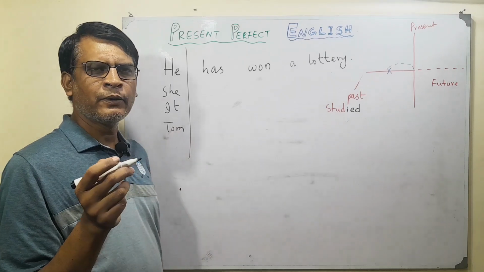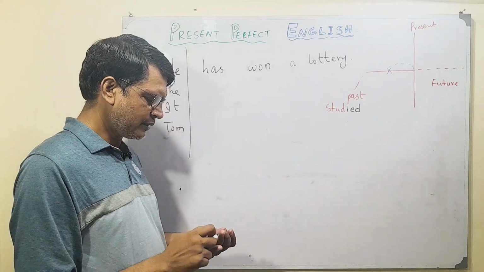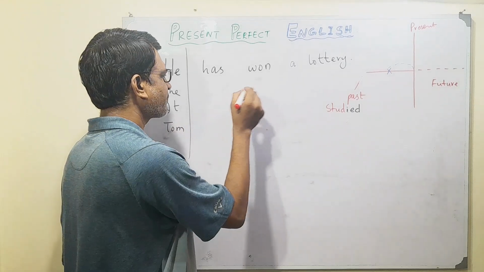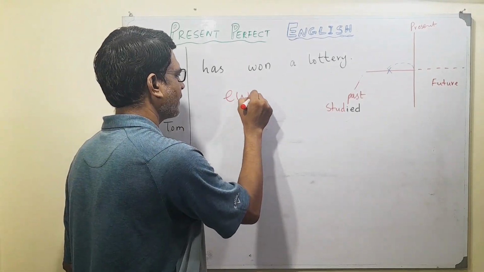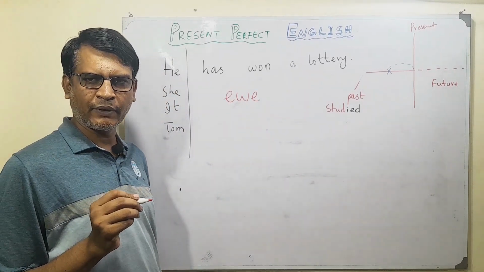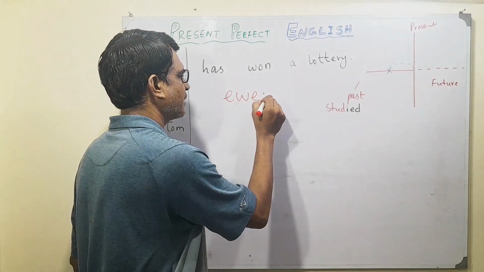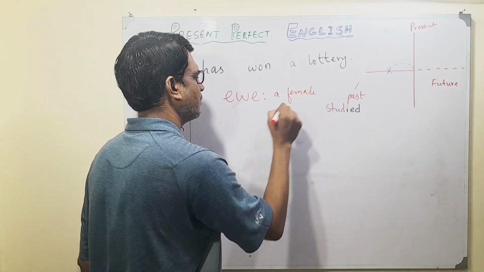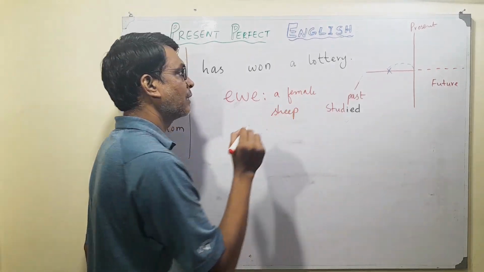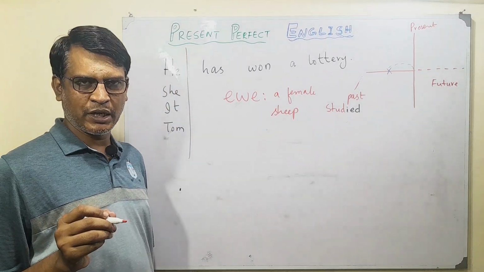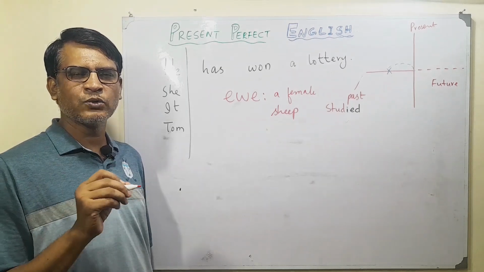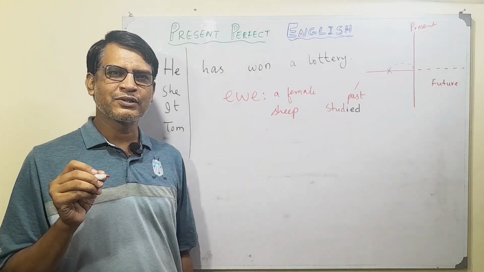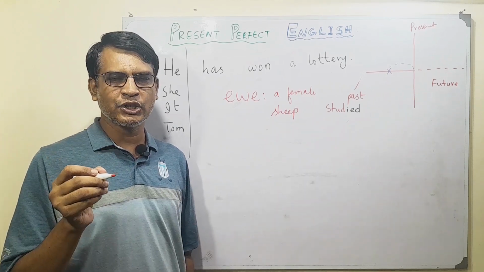And for pronunciation, I think I've talked about it somewhere. There is a word in English, EWE. It is basically a female sheep. What will be the pronunciation? English language is funny in this way that it's really difficult for a student to guess the pronunciation of a word.